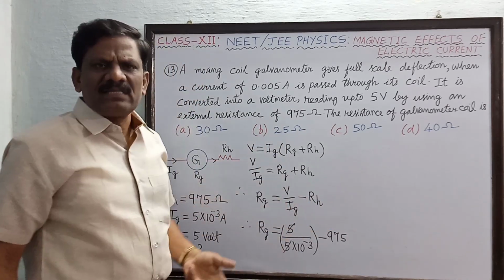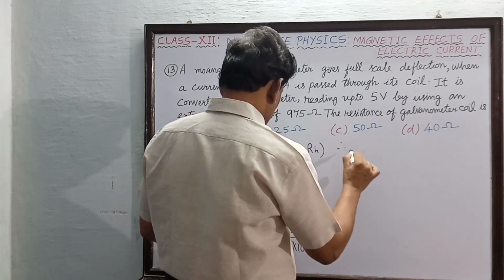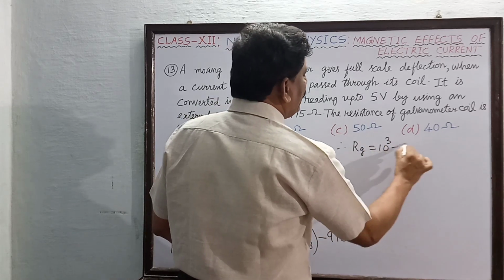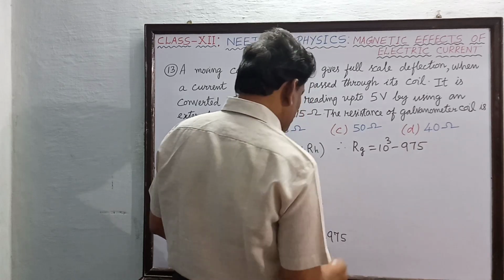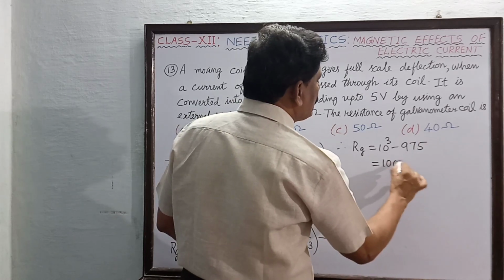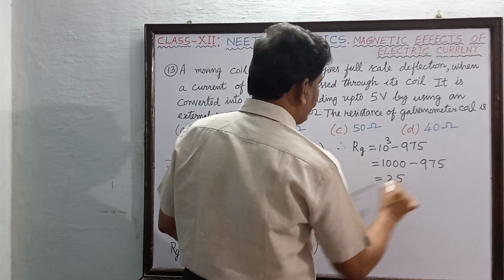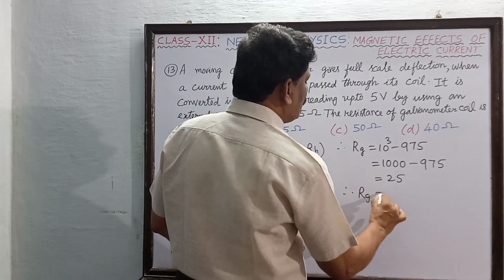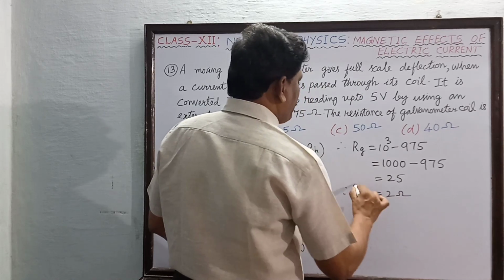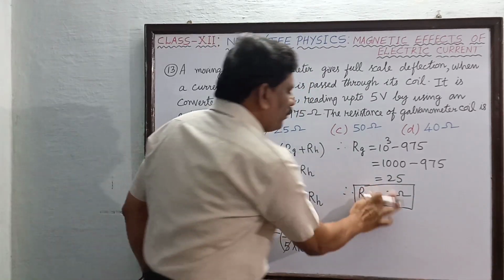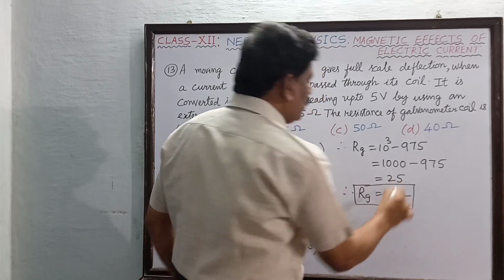So 10 power 3 is also 1000. Therefore Rg is equal to 10 power 3 minus 975, that is equal to 1000 minus 975, that is equal to 25. Therefore the resistance of the galvanometer is 25 ohm.